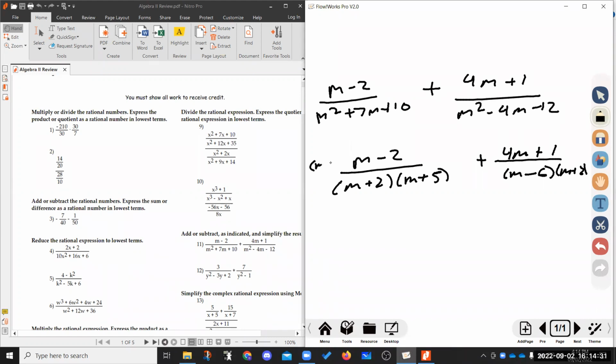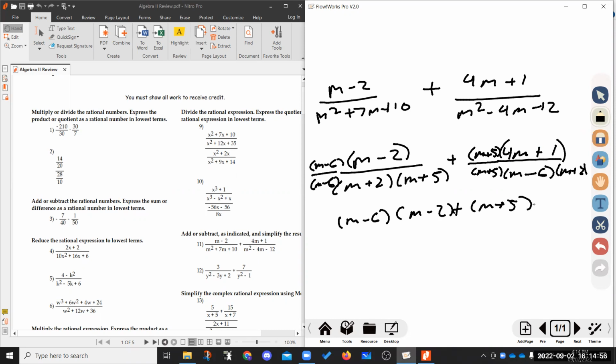This one over here needs m minus 6. This one here needs m plus 5. So this is m minus 6 times m minus 2 plus m plus 5 times 4m plus 1, all over m minus 6, m plus 2, m plus 5.